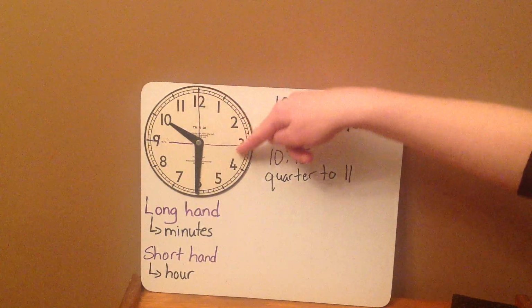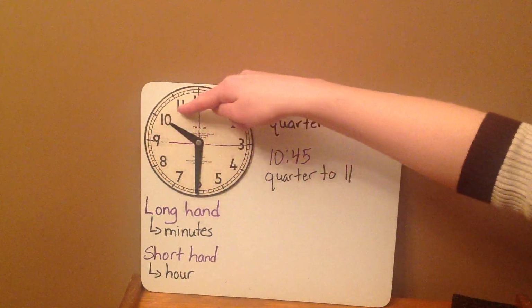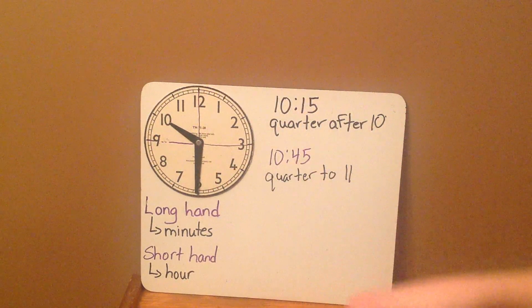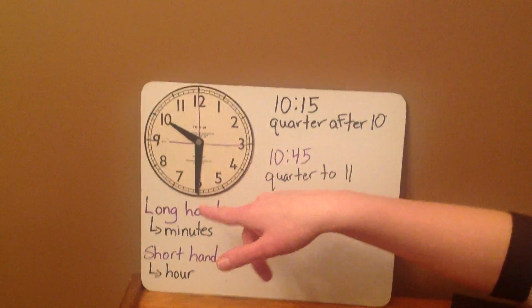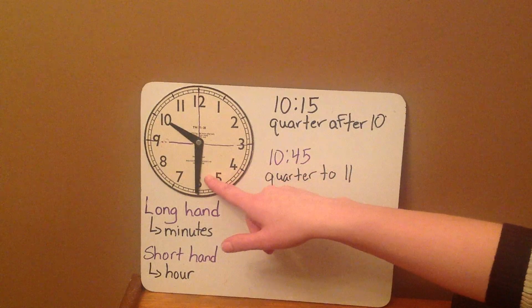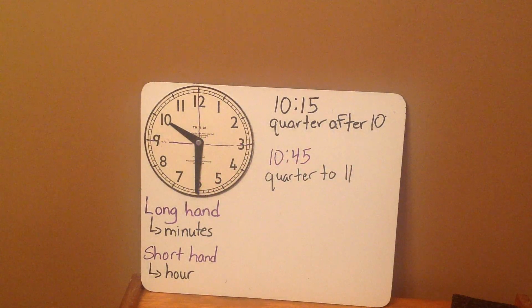This represents the first 30 minutes of the hour, where this side represents the last 30 minutes of the hour. If my hand for the minute is directly pointing at the 6, that means I've already gone through the first 30 minutes of my hour. So that is actually half of my hour.